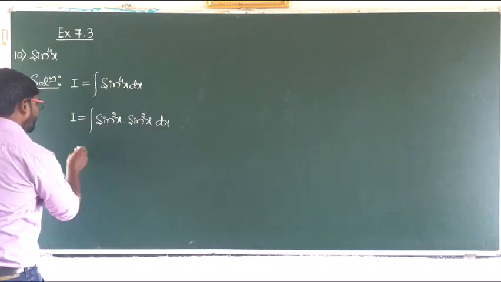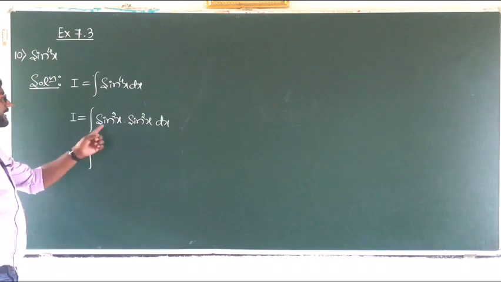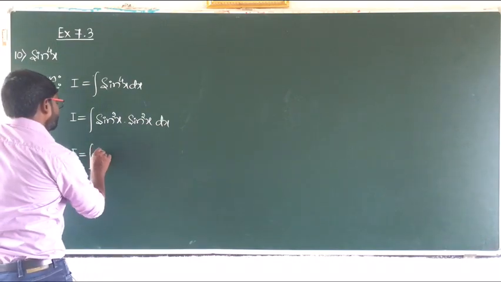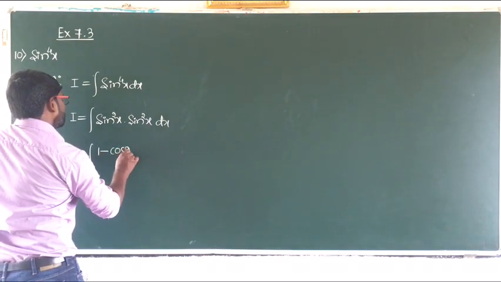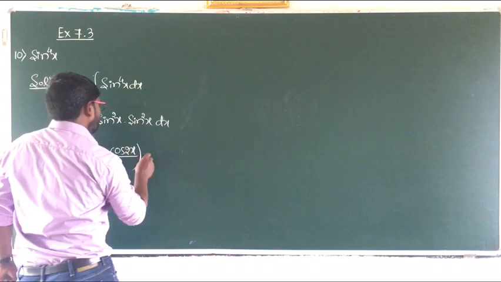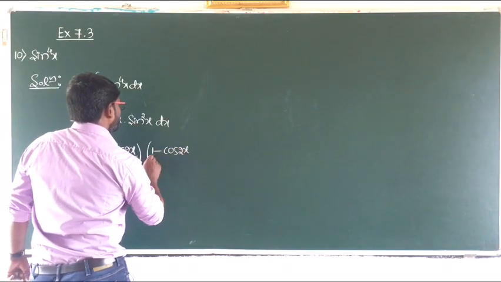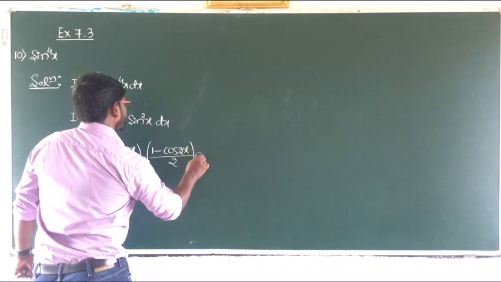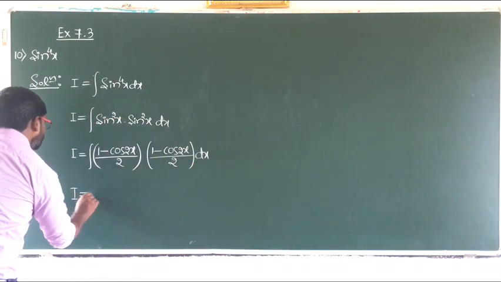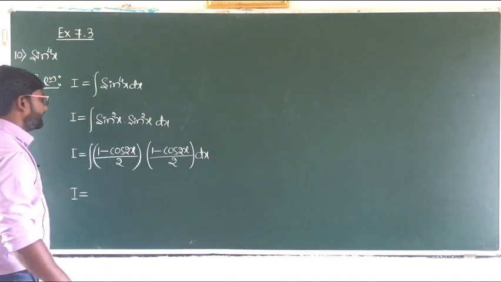Now sin square x can be written as 1 minus cos 2x by 2. So it is 1 minus cos 2x by 2, and then again 1 minus cos 2x whole divided by 2 dx.